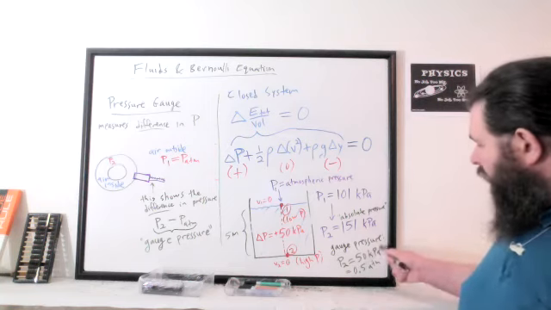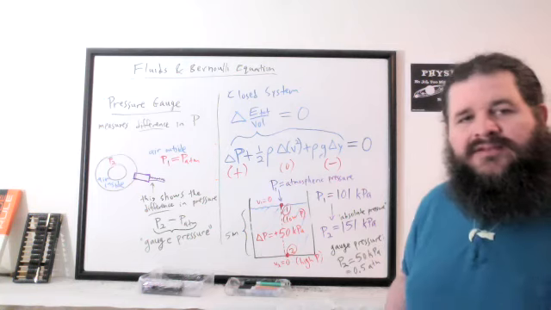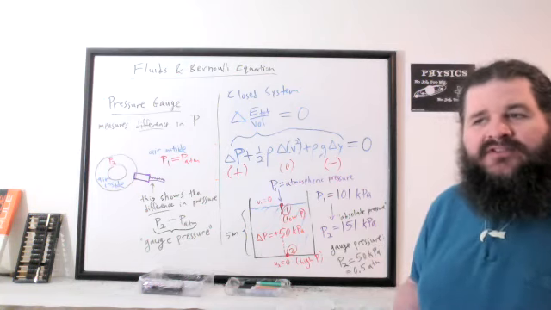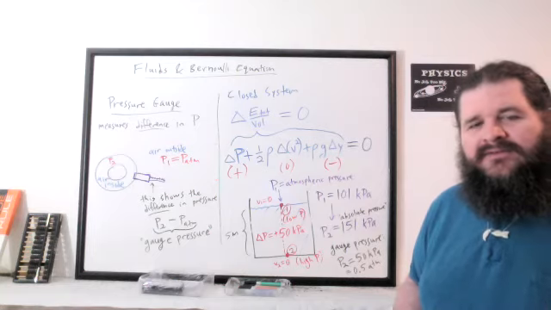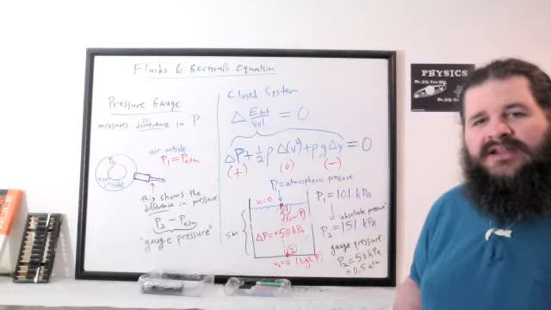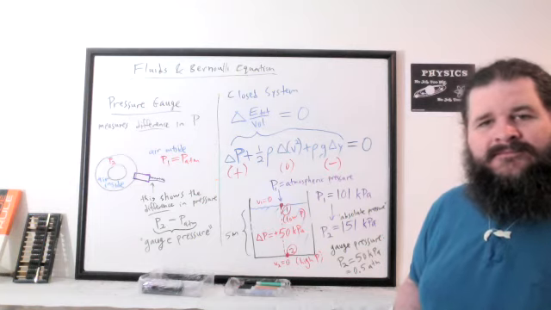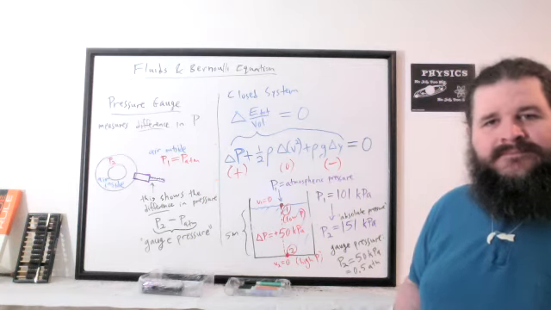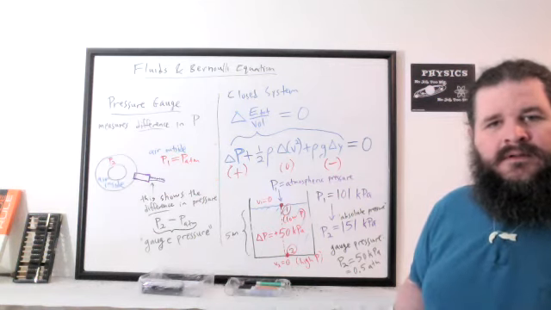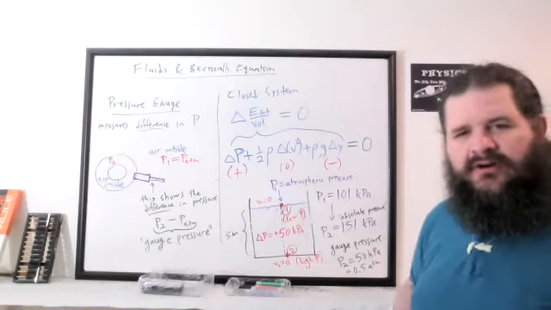For gauge pressure though, if we say gauge pressure is 50 kilopascals, that doesn't mean 50 of something. It means 50 above what? 50 kilopascals of gauge pressure means 50 kilopascals above and beyond what? Well, if we set the gauge pressure as 0, what does it mean?